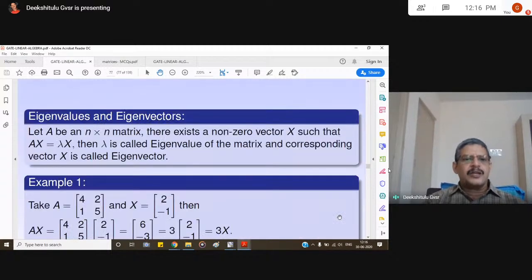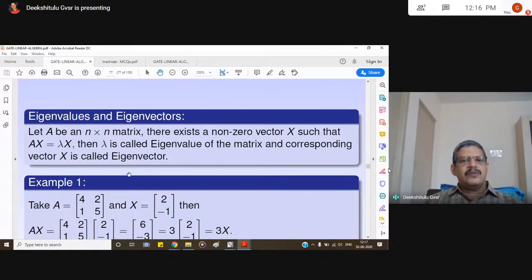We are yet to start with eigenvalues and eigenvectors. So we'll discuss the definition and we'll stop. We have almost 10 minutes more. So we'll discuss eigenvalues and eigenvectors, their definitions, and we'll stop there.